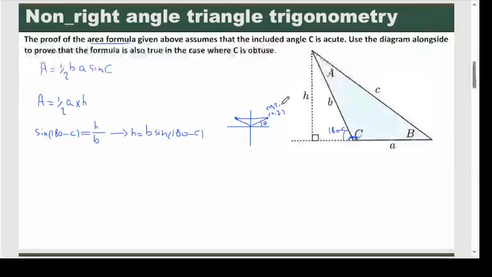When I reflect it across the y-axis, I will have negative x and y. That means y doesn't change, so it's negative cosine and sine. So I use the supplementary rule that says for 180 minus theta, the cosine becomes negative cosine and sine doesn't change.